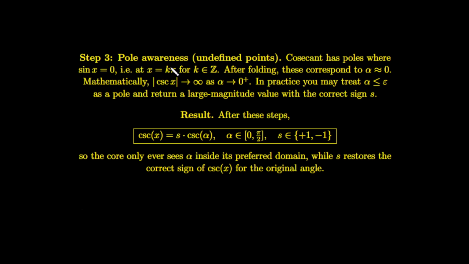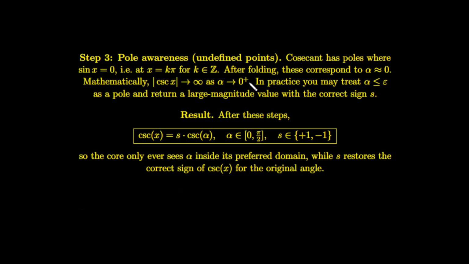Now, if we fold all of the values into the 0 to pi by 2, then the point where this asymptote appears is going to be at the point 0. So really what we're saying is that the absolute value of this cosecant function is going to tend off to infinity. So this will be plus infinity as the angle tends towards 0 from the positive side.